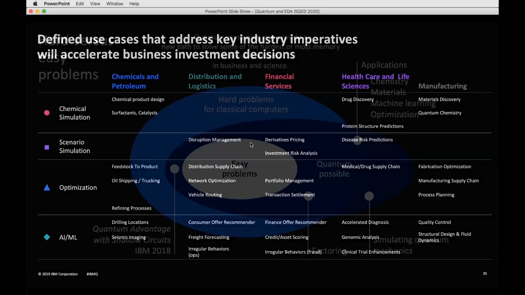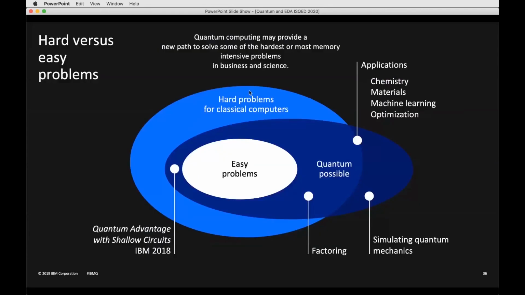So if we look at various problems that are being classified here, there are some of the easy problems, some of the very, very hard compute problems, and then there is a whole space where quantum computers can likely do a very good job.